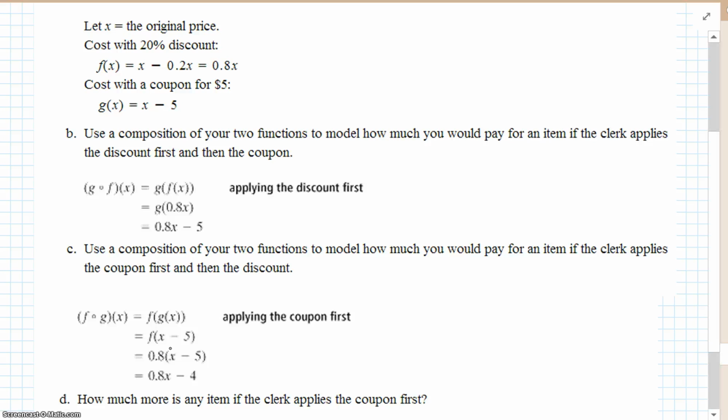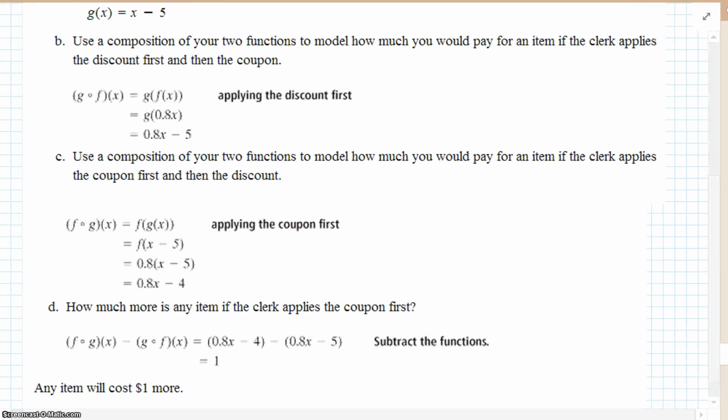So you do the x minus 5 and then multiply that by 0.8. So you're going to get 0.8x minus 4. So how much more is any item if the clerk applies the coupon first? Well, if they apply the coupon first, regardless, it's always going to be $1 more. You can look through that.